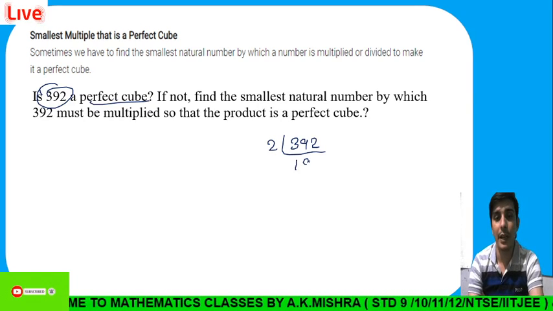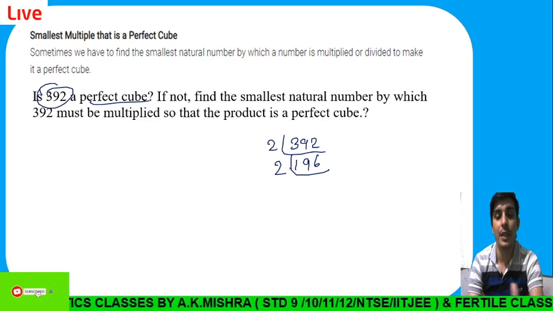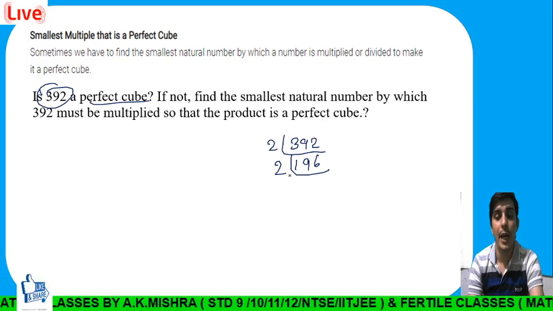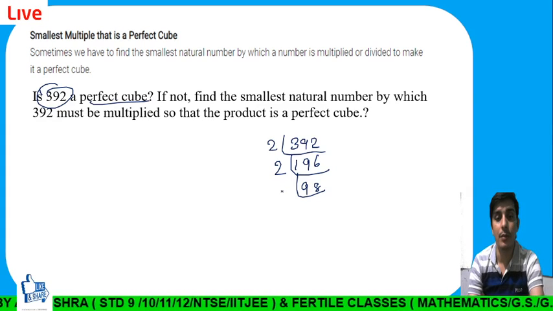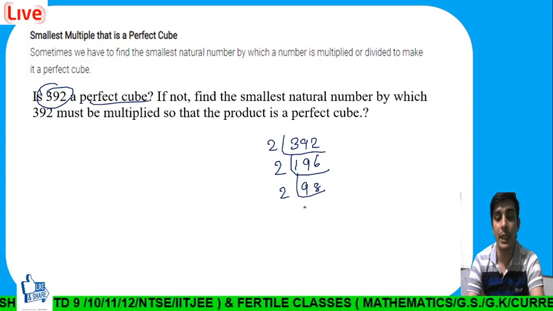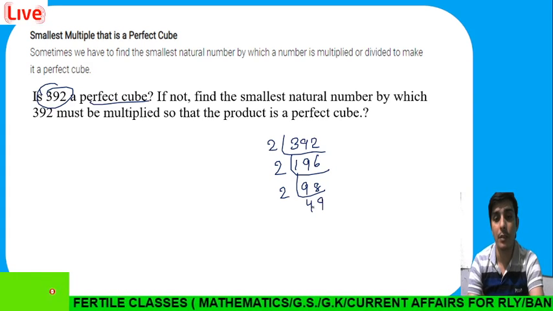So 196, and after dividing by 2, we can once again divide by 2, and we can write here 2 9s are 18 and 2 8s are 16. We can once again divide by 2, and we can write here, 2 4s are 8 and 2 9s are 18.